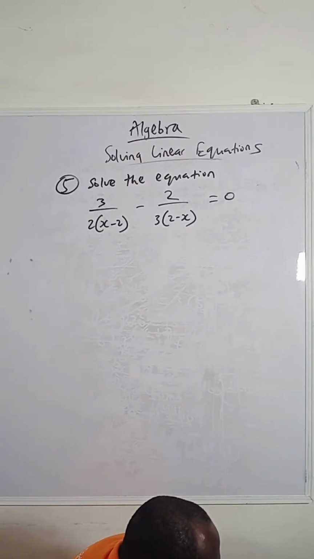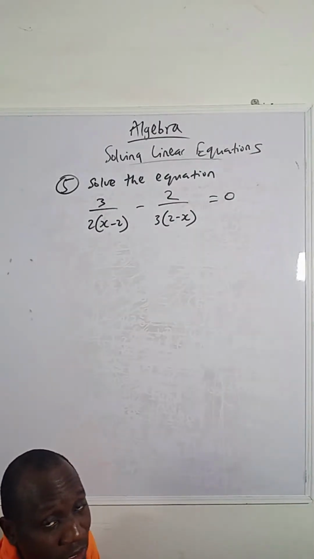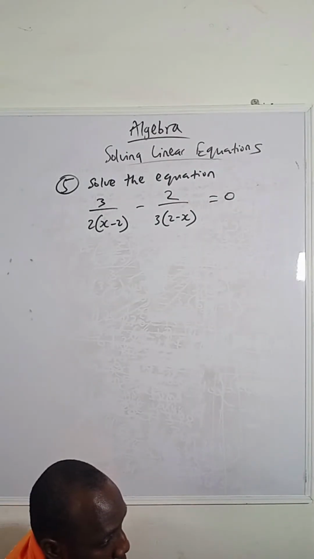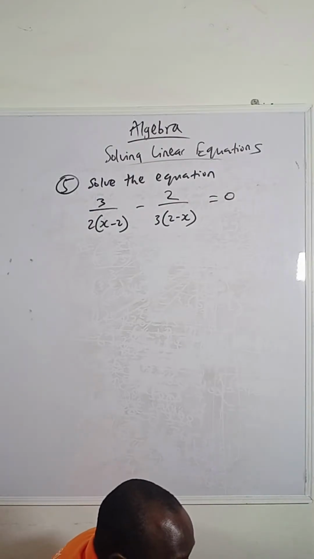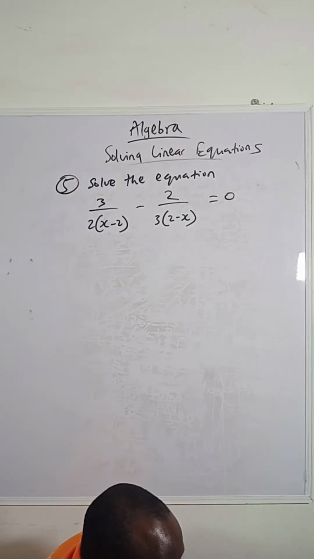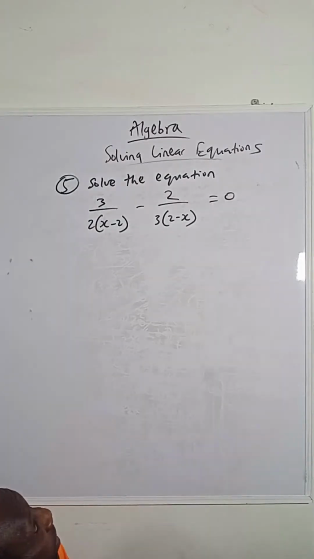But for the purpose of just explaining this, I'm going to do it as you would typically solve linear equations. Maybe we should just leave this one and go to the next one.